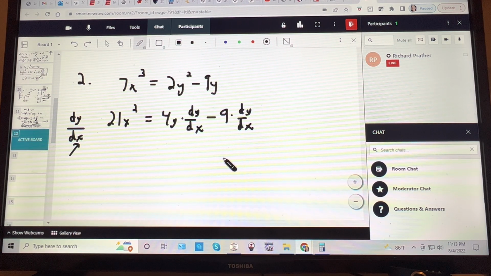So in an equation, if you put the x's on one side and the y's on the other ahead of time, or if it's already that way, then it saves you from having to move stuff around like I did in the first problem. So on the right side, we want to factor out dy over dx only, even if there's other stuff they have in common. And that leaves just 4y minus 9.